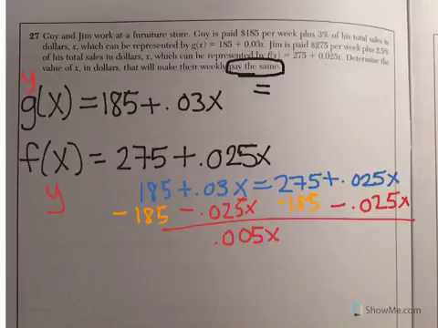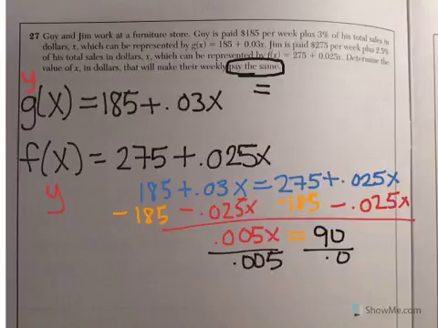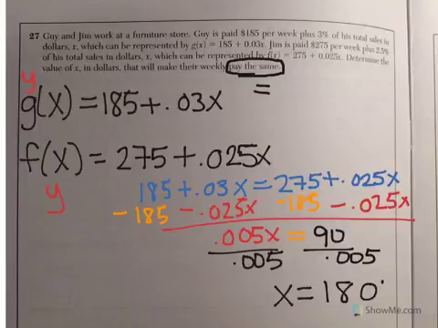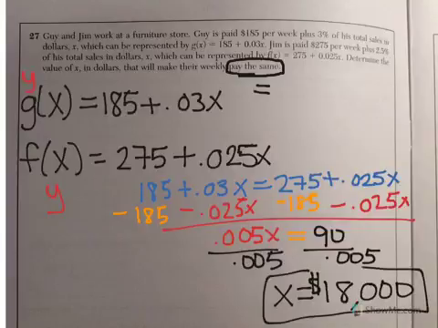So then I have 0.005x equals 90. And when I divide by 0.005 to get x alone, I will end up with x equals 18,000. And we're talking about dollars, so I'm going to put a dollar sign in front of my number. So this is the final answer, and this is the value in dollars that will make their weekly pay the same.